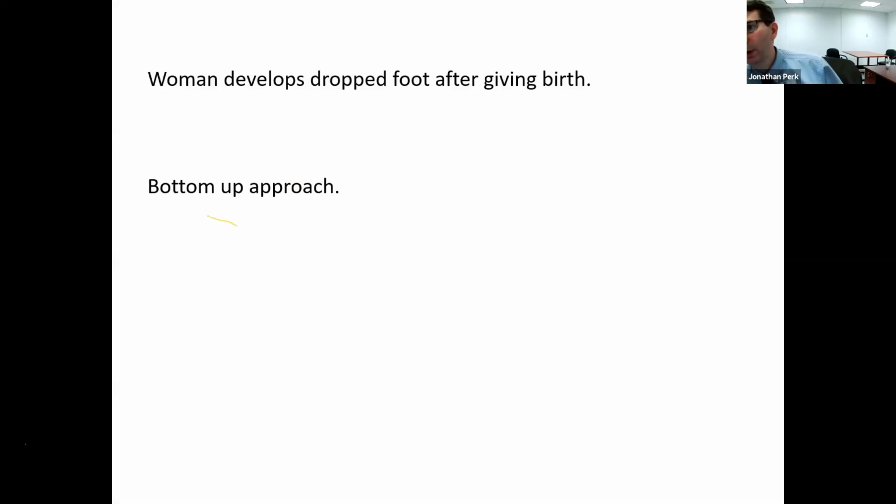So let's put it into a test, and this will be a patient that you'd be called a million times. This would be a patient after a very long delivery, and the complaint will be that the patient has a drop foot. Okay, so they have weakness of the dorsiflexion.